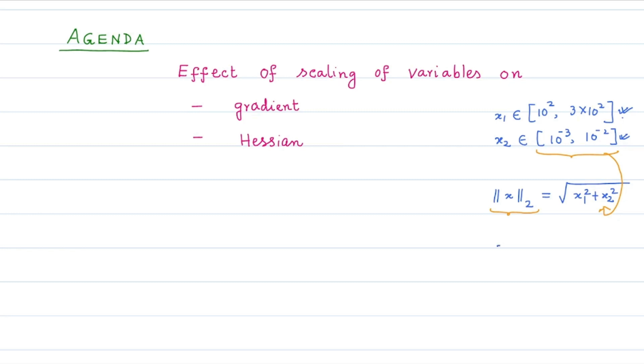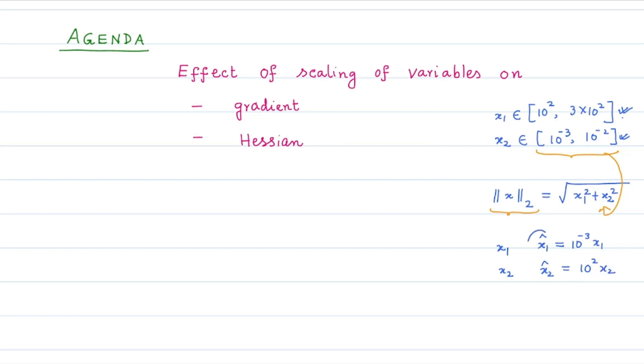That means we change the variable x1 to x1 hat, where x1 hat is 10^-3 times x1, and x2 to x2 hat, where x2 hat is 10^2 times x2.